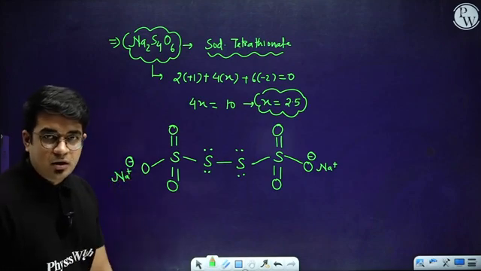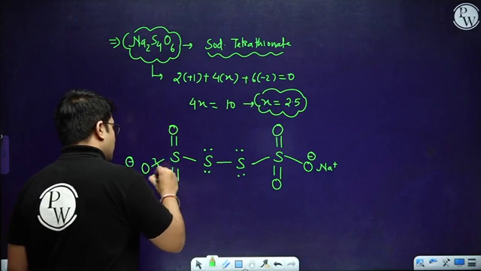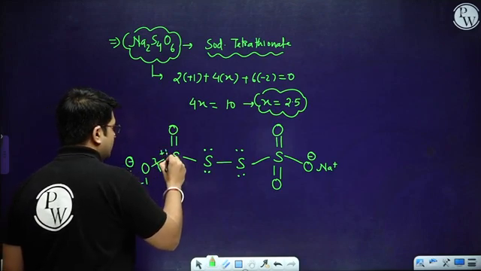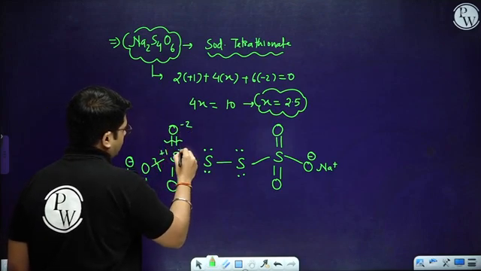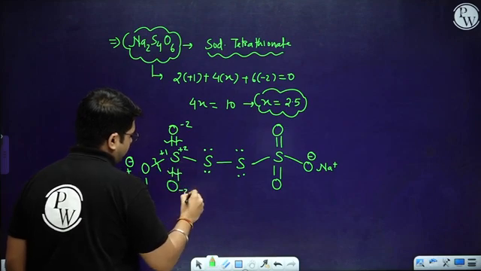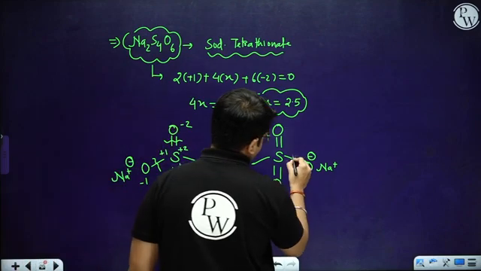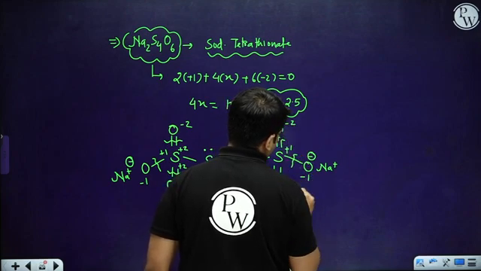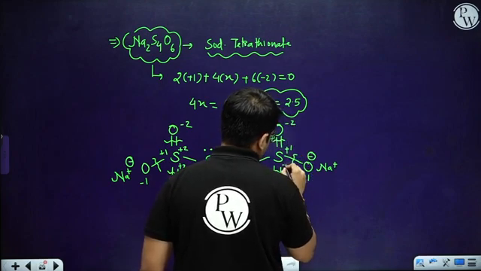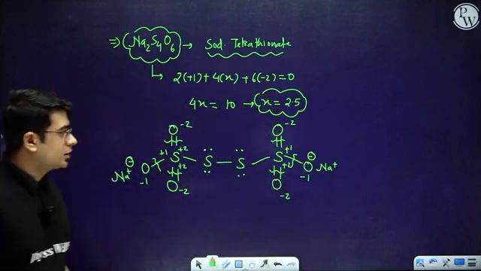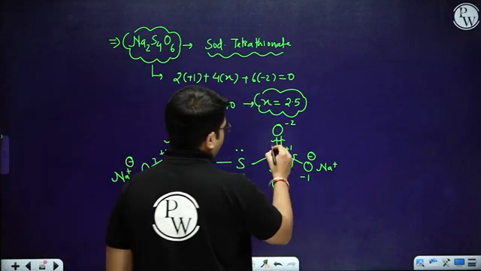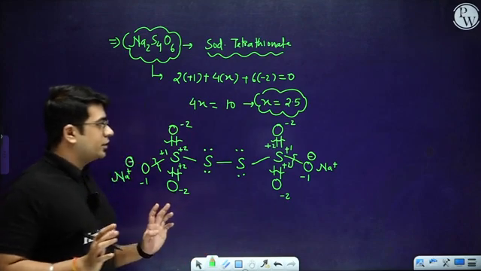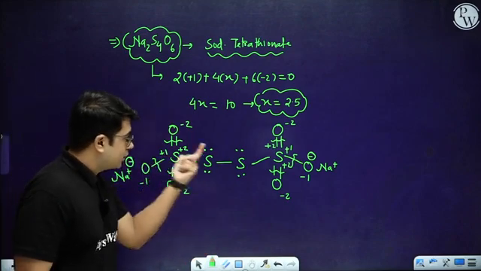Done. Now oxygen is more negative, -1 +1, -2 +2, -2 +2, -1 -2 +1 -1 -2 +2. Okay, this part is already done. Okay, +2 and +2. This part is already done. Now what about these 2 sulfurs?